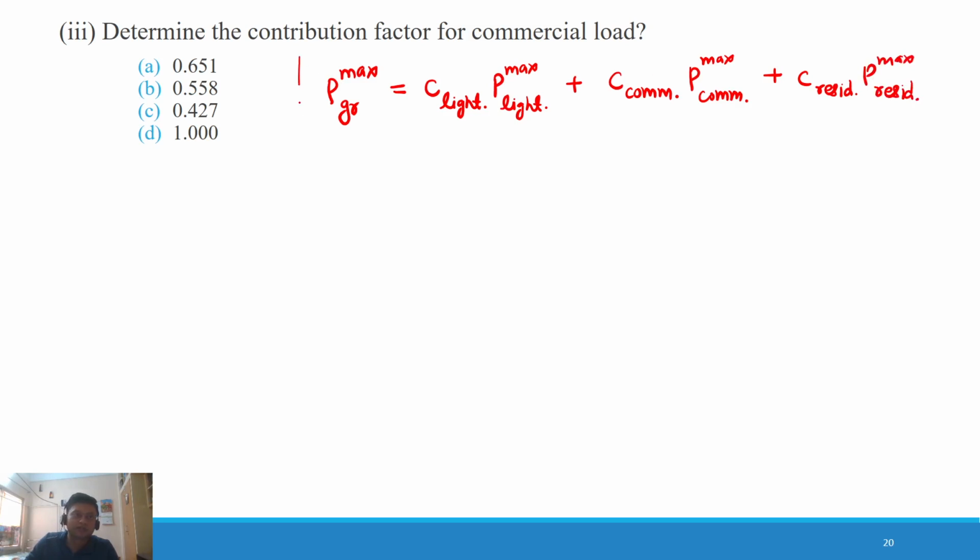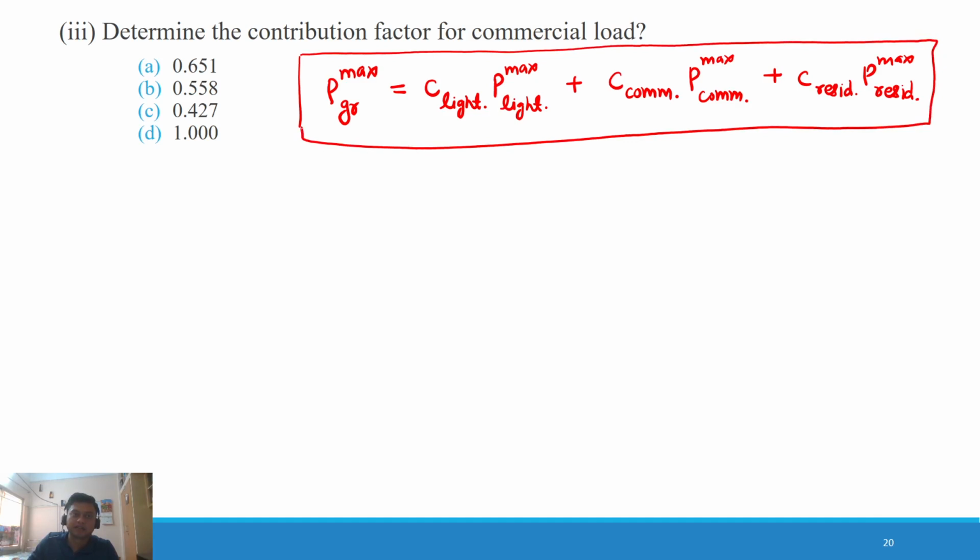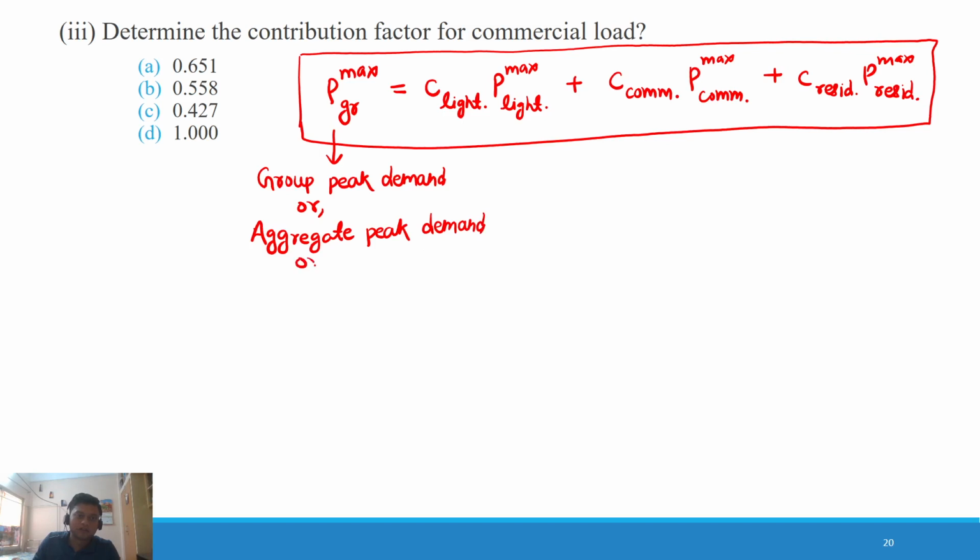We all know this formula, from there we can relate the aggregate peak demand or group peak demand or coincidence peak demand. So this is called group peak demand, or aggregate peak demand, or coincidence peak demand.